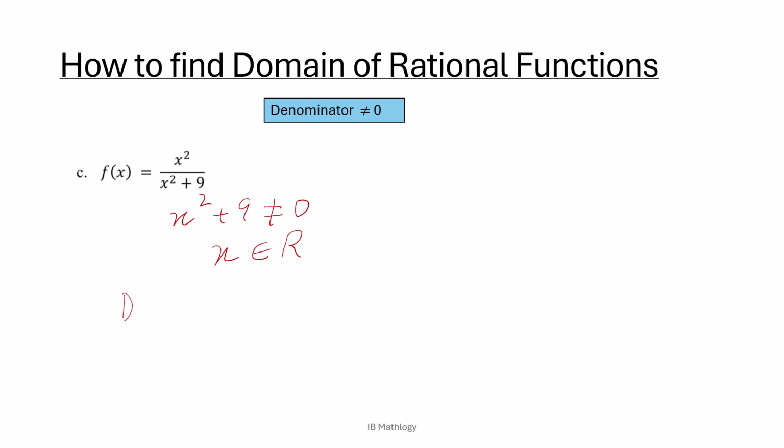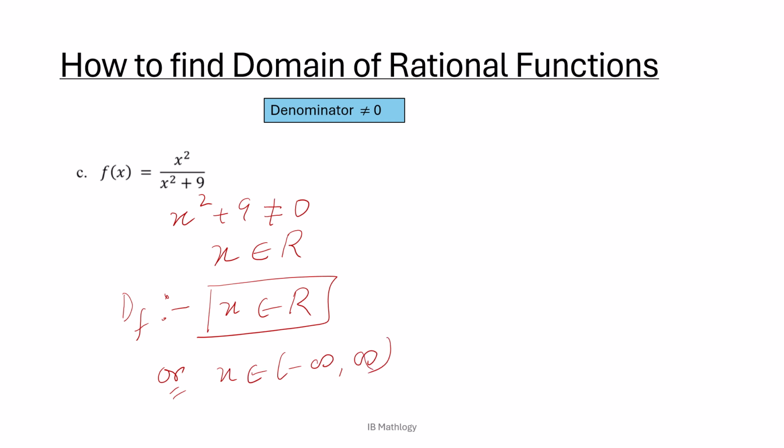So for the domain of the function, we can say that we can put all values of x, or we can write that x belongs to (-∞, ∞) with open brackets. Both are acceptable.